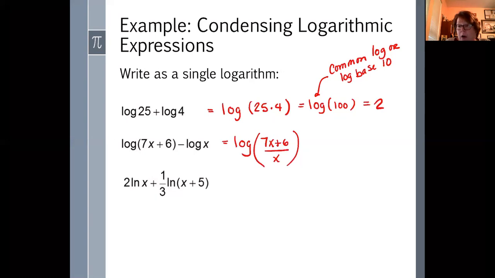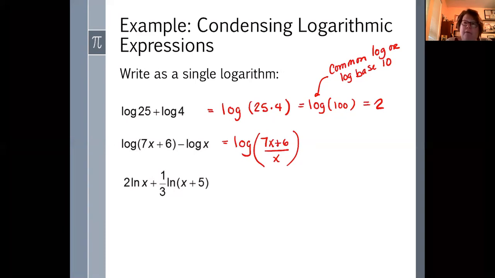Now before, when we were using these properties to expand a logarithm, we used either the product rule or the quotient rule first, and then we used the power rule. Since we're taking a logarithmic expression and we're condensing it, we use the power rule first.